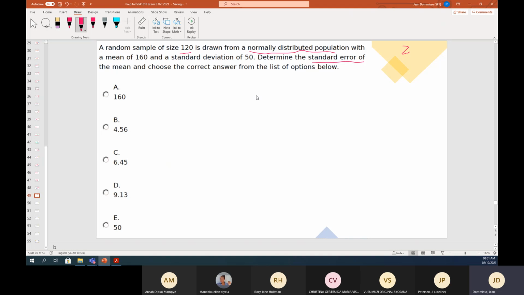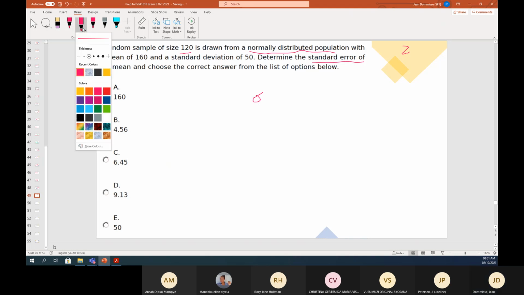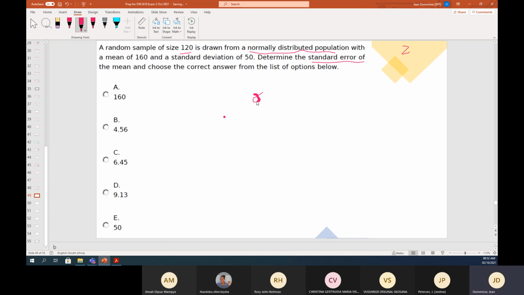So the standard error is only this part of the calculation.